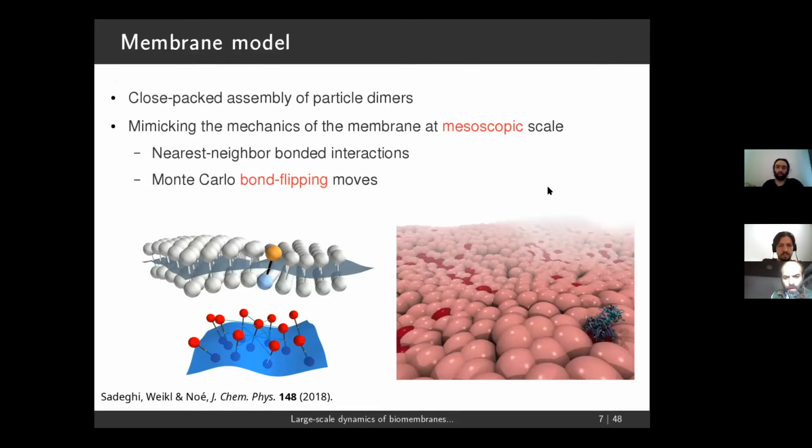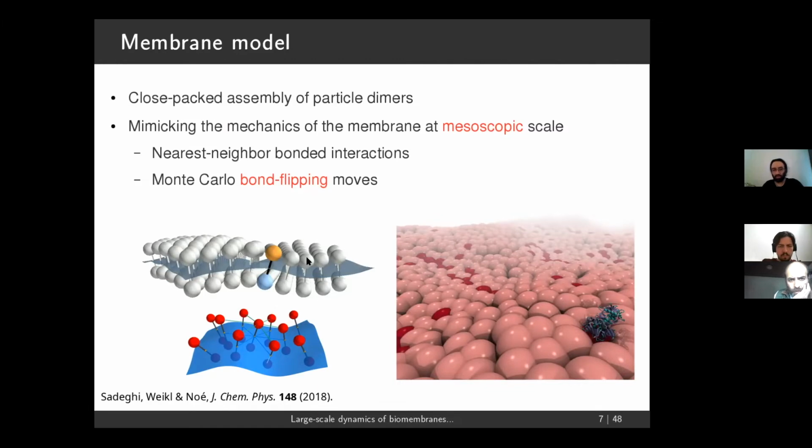And so the model that I'm going to talk about, this is something that I developed and worked on for the past couple of years, is a particle-based model formed by these dumbbell-shaped particle dimers, and they are in a close-packed assembly.